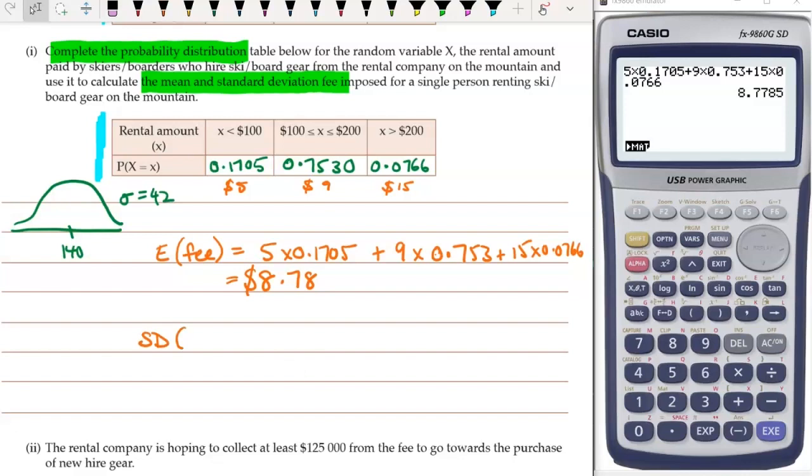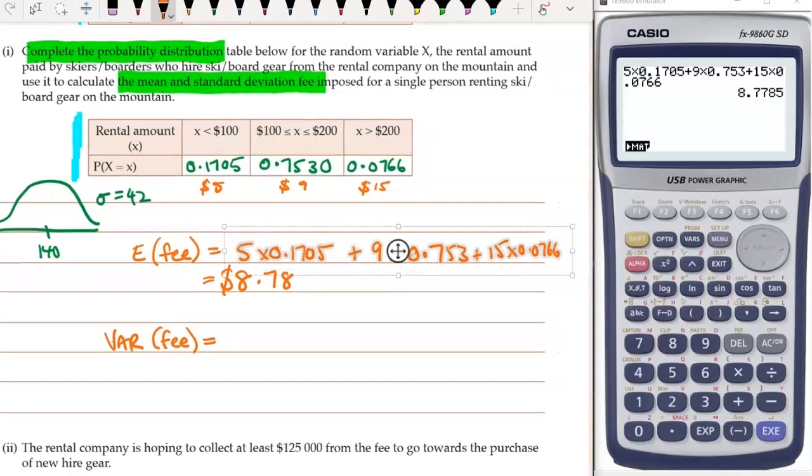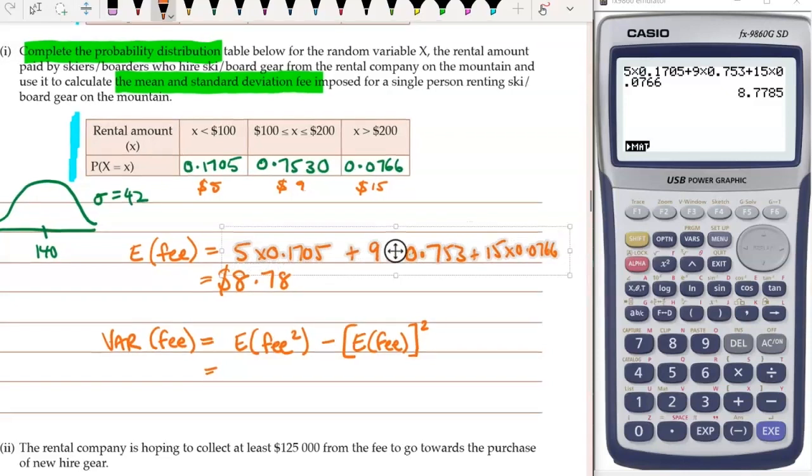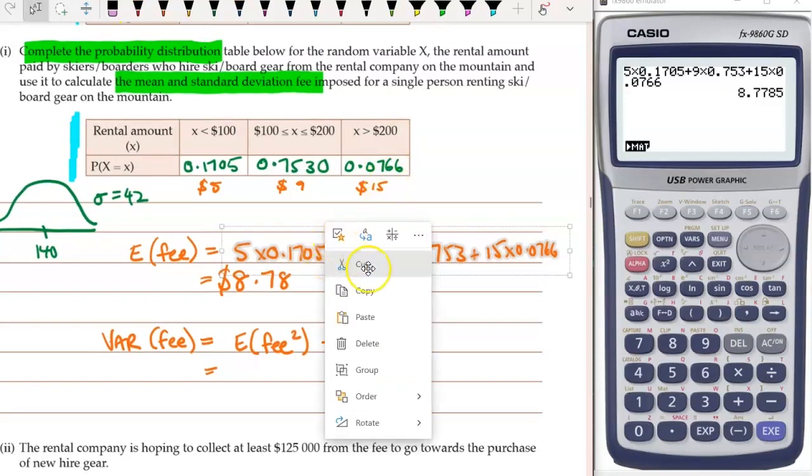And the standard deviation on the fee is, well, let's start with the variance actually. So the variance on the fee is to take what we did here, but we square each thing. So it's the expectation of the fee squared minus the expectation of the fee all squared. Okay, so if we do the expectation of the fee here, let's copy that across.